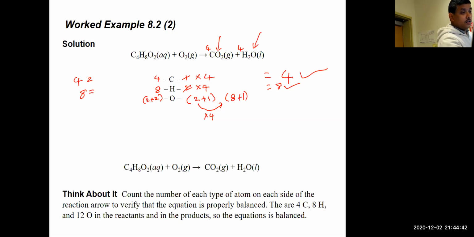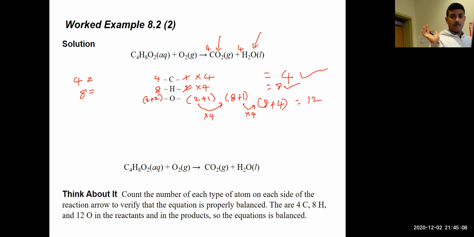So you need to change how many total oxygens are there, because you just put the coefficient 4. So 8 plus 4. Now you have a total of 12 oxygens because it is the last molecule, and because we already put coefficients 4 and 4 in front of both the products, I am not going to make any changes on the product side.